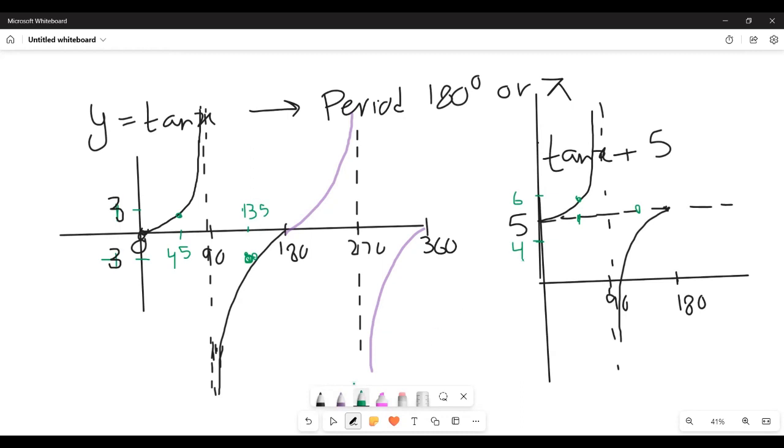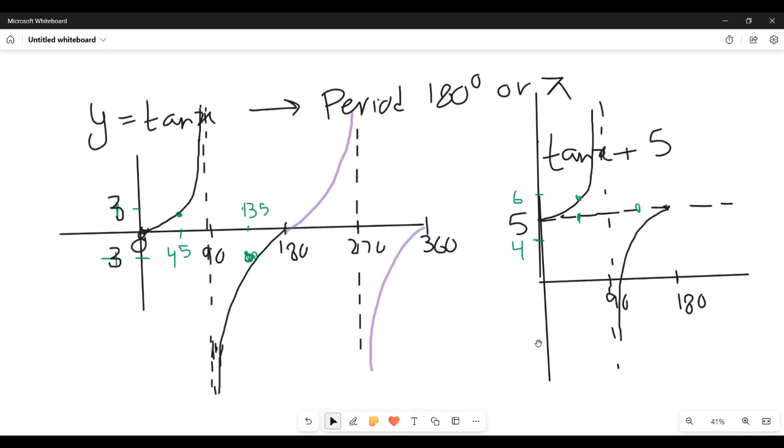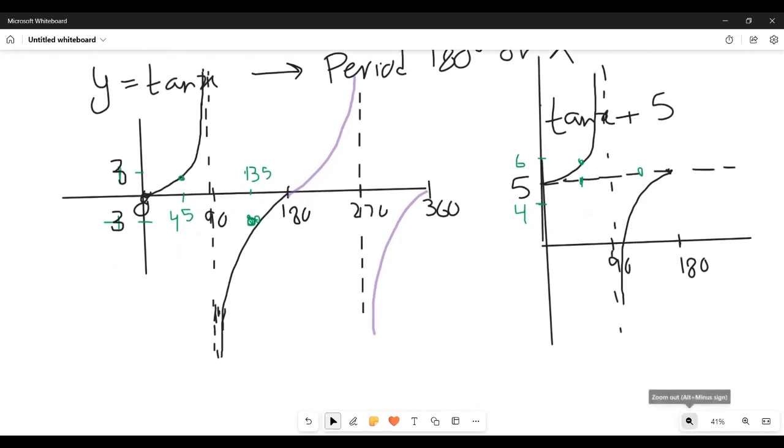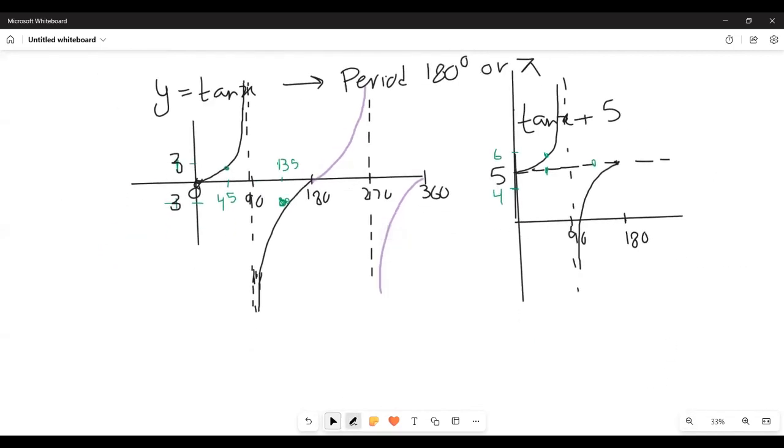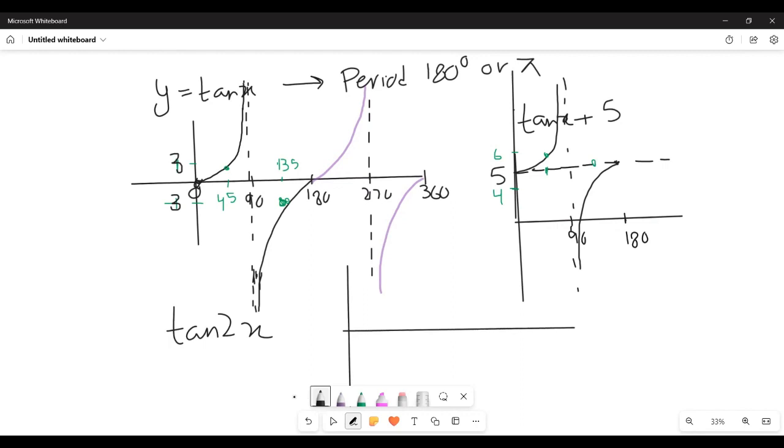Okay. Now let's talk about tan 2x. The original period of the tan x graph is 180. One cycle is completed within 180 degrees. But now 2 cycles will be completed within 180 degrees. So one cycle is being completed within 90 degrees.